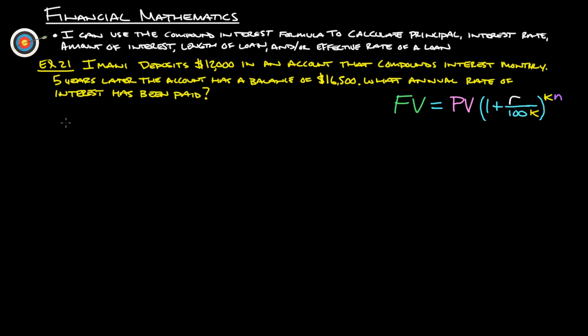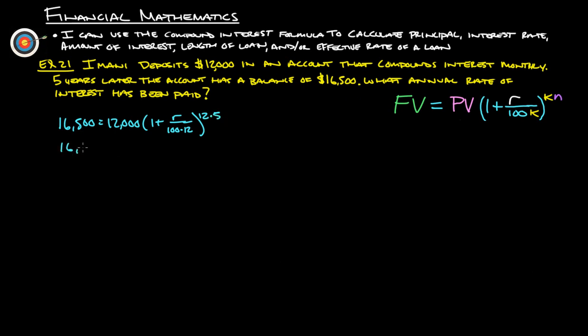So we're going to end up with the future value, 16,500 equals 12,000 times 1 plus our rate, which is what we're figuring out, divided by 100 times compounds interest monthly. So this is times 12. So this is also to the 12, and then it's for 5 years, 12 times 5.